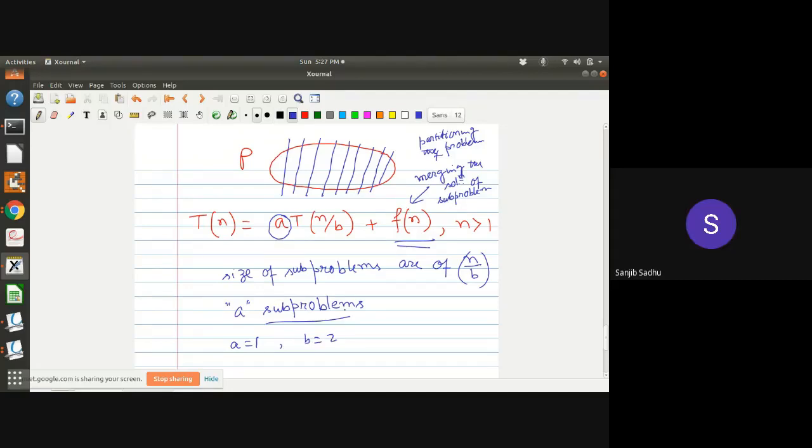You divide it into two parts but actually need only one subproblem, and the size of the subproblem is n/2. In the next class, I will show how to solve the recurrence using the master method, T(n) = aT(n/b) + f(n).